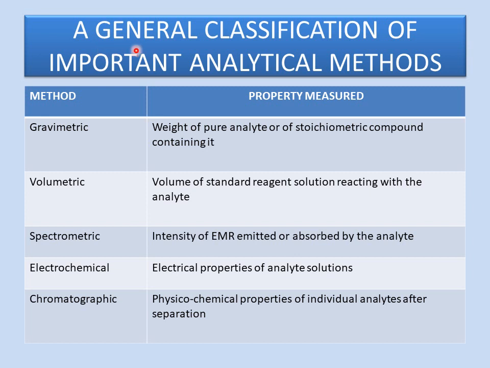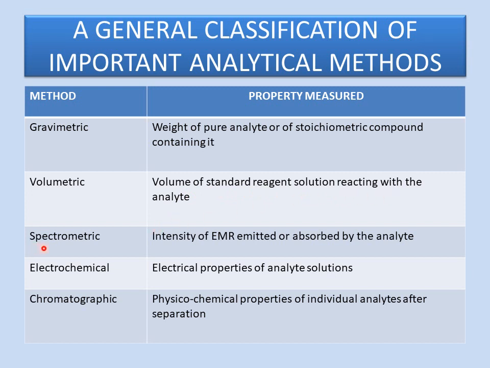And then a general classification of important analytical methods. So here is a table in which there are different methods and what property is being measured in them. So first of all is gravimetric methods. So what is done there? The weight of a pure analyte or of a stoichiometric compound containing it is being measured. Then in volumetric method, the volume of standard reagent solution reacting with the analyte is measured.